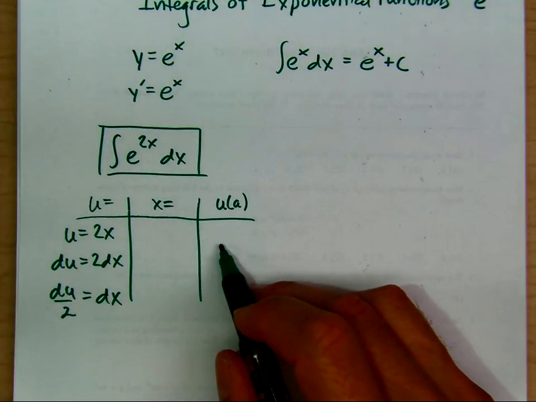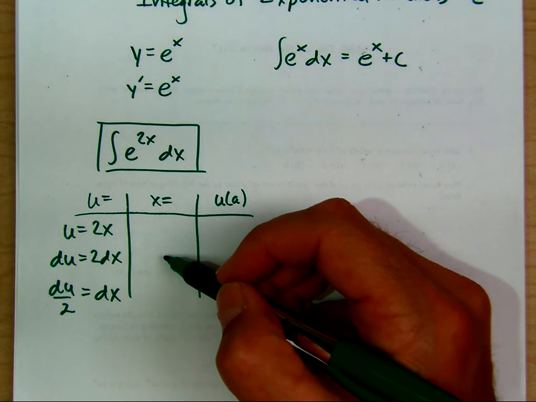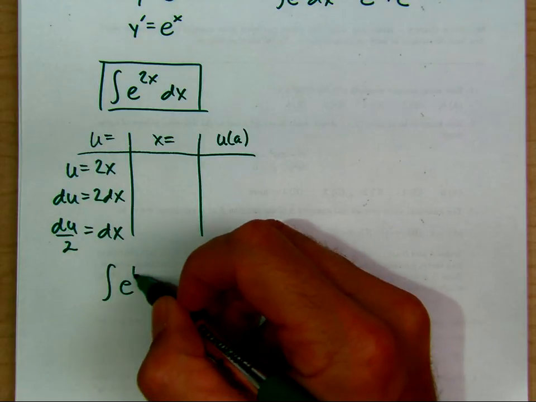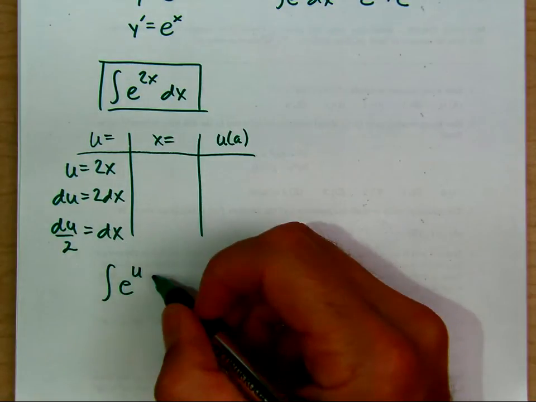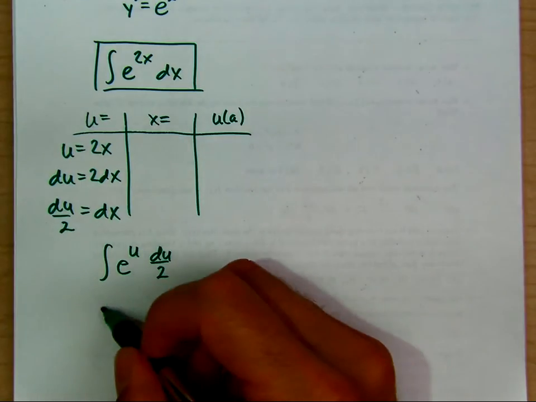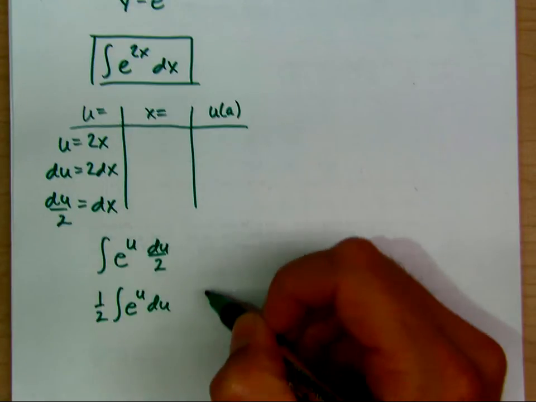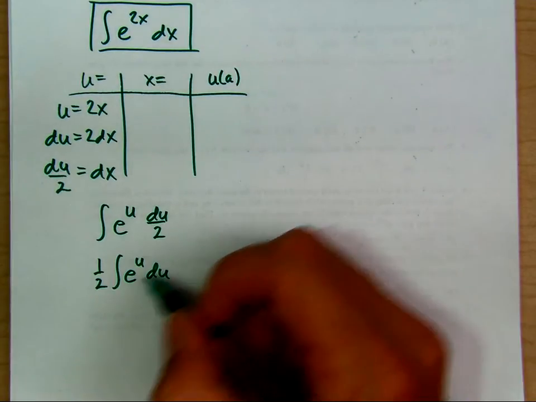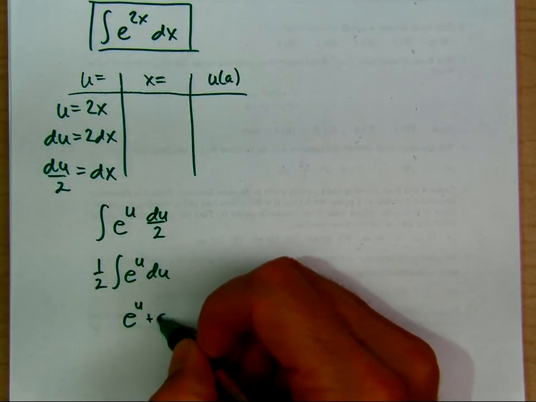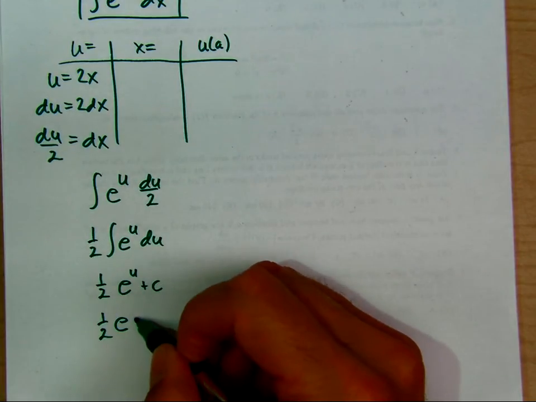We won't need this because there are no limits, and we won't need this because everything's going to cancel. So dx is du over 2. And we can just take the 1/2 in front. The antiderivative of e to the u is e to the u plus c. And then substitute back.